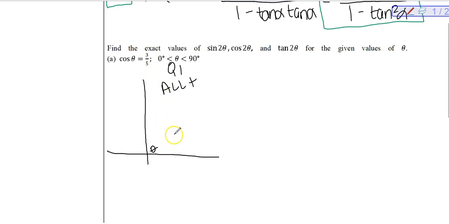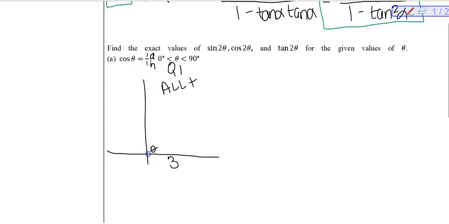All right, so here's what I'm thinking. My adjacent side of my angle is going to be 3. Now I could do 3/5 and make my hypotenuse 5/5, but I'm just going to expand my unit circle to have a radius of 5 instead of a radius of 1. So this is adjacent over hypotenuse.